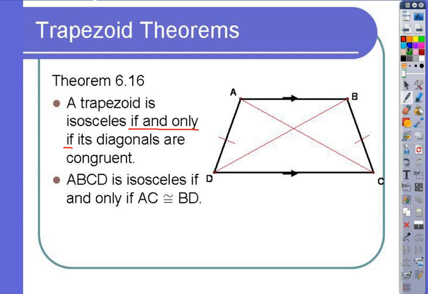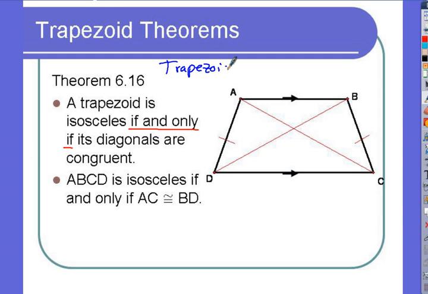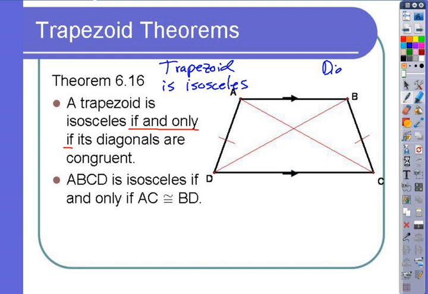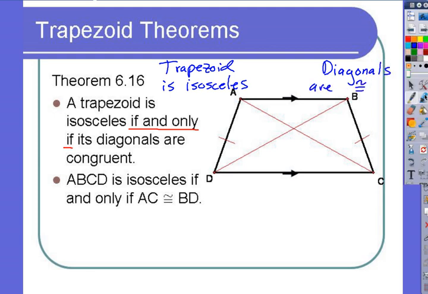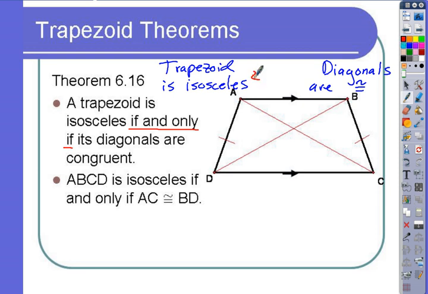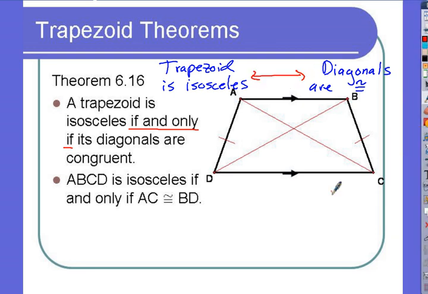I've got the statement, trapezoid is isosceles, and I've got the statement, diagonals are congruent. And then that if and only if is just like a bidirectional arrow.